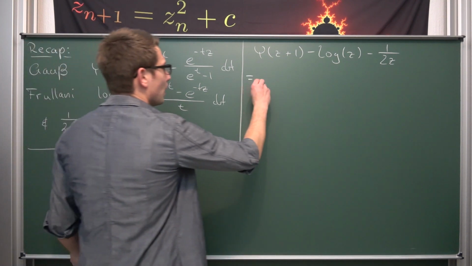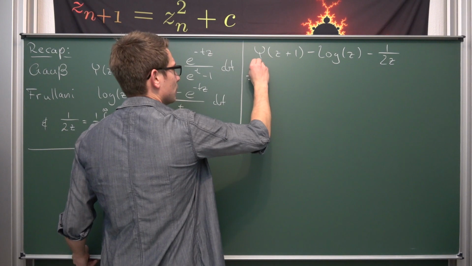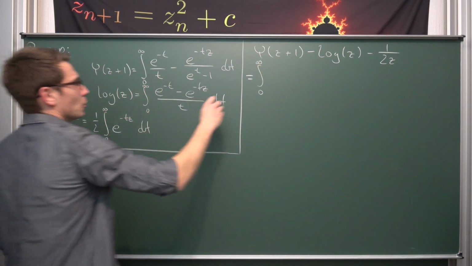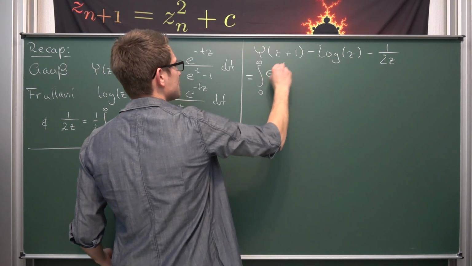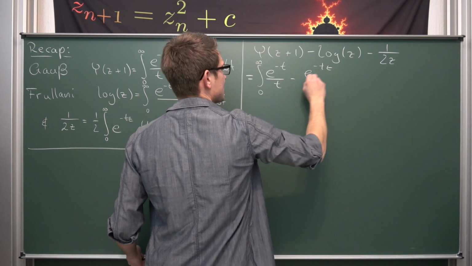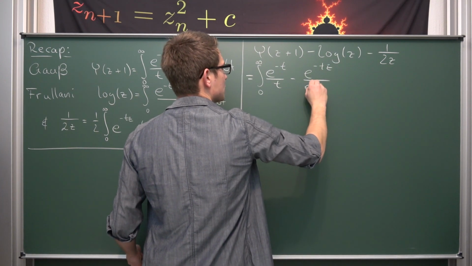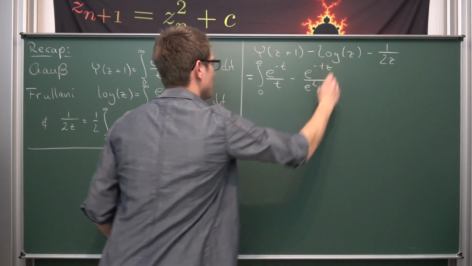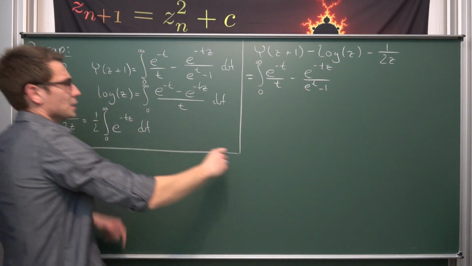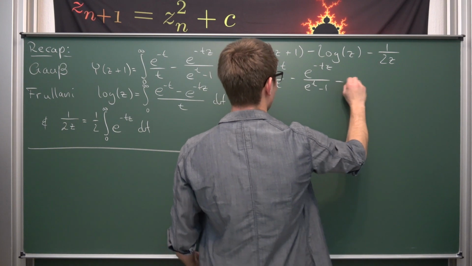So let's do this. All of this gathered together is the integral from 0 to infinity of, this right here is the first part. This is our digamma boy, meaning it's e to the negative t divided by t minus e to the negative tz divided by e to the t minus 1. Next up, we are going to subtract from what we have here this expression, namely minus.